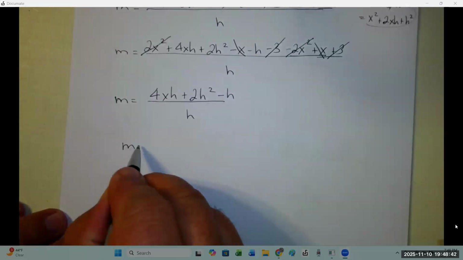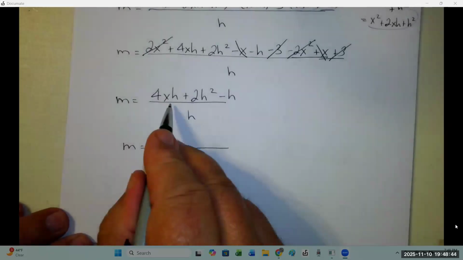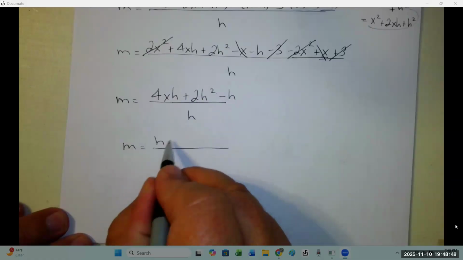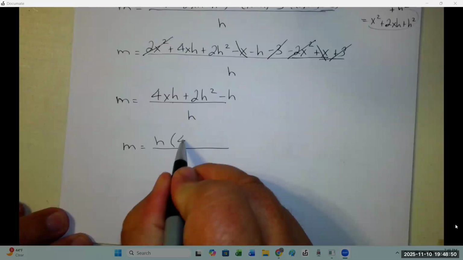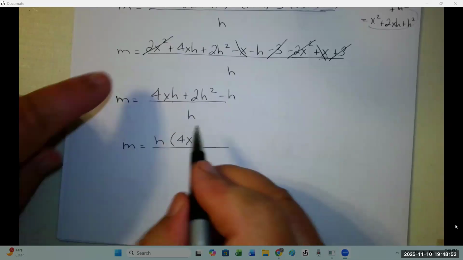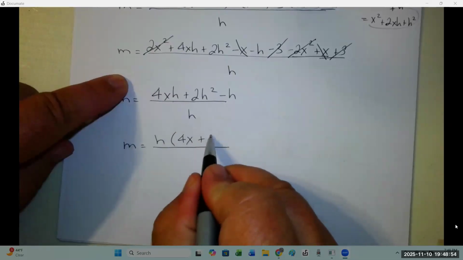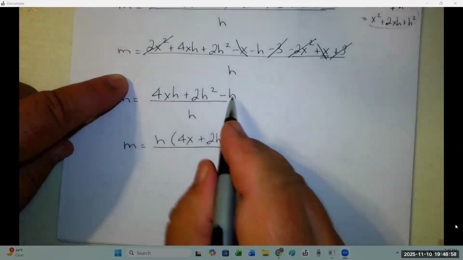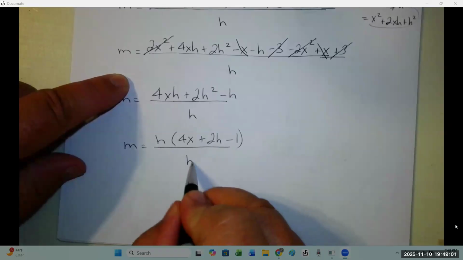On top, they all have at least one h in common. So we can factor out one h, which means I have 4x plus, I took away one of those h's, so it's 2h, minus, I took away that h, so it's a 1.